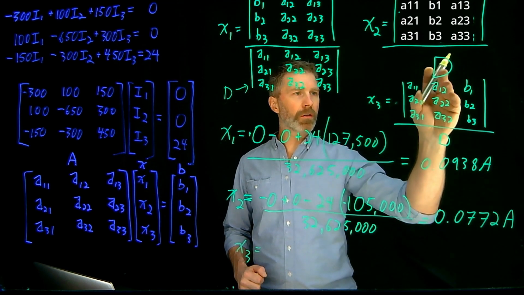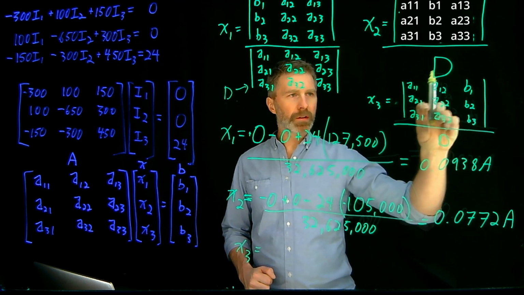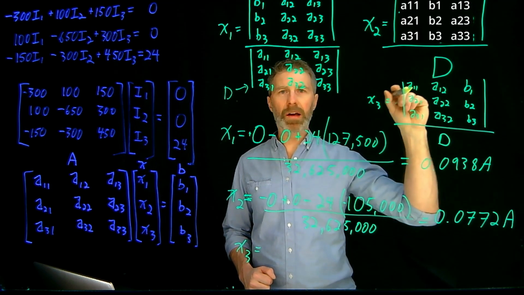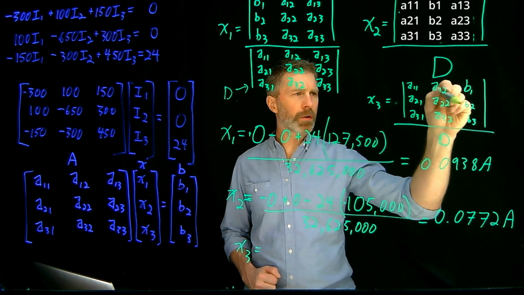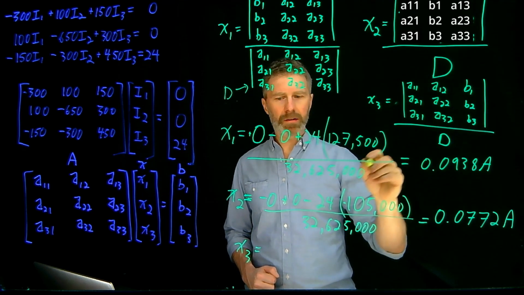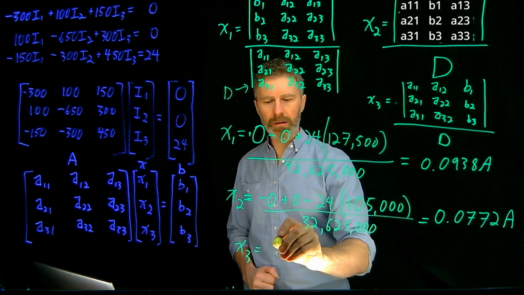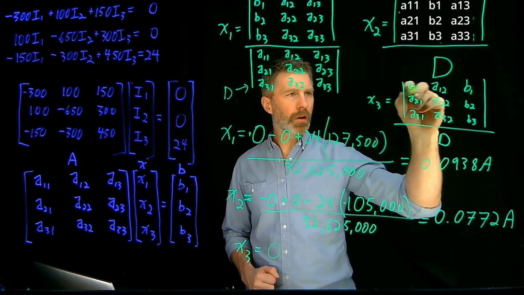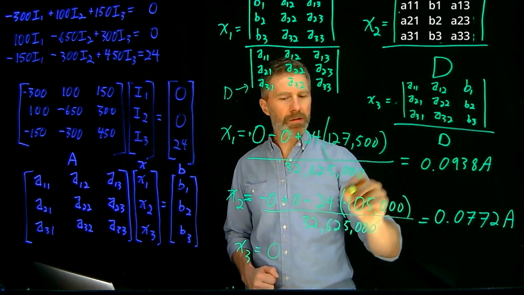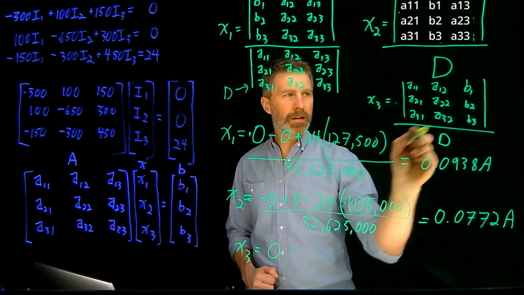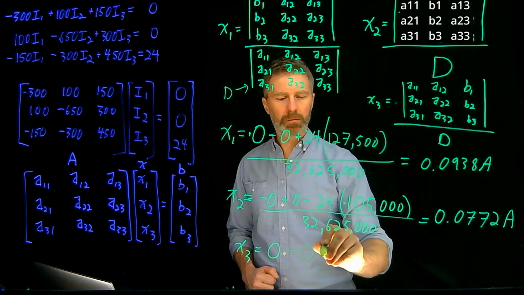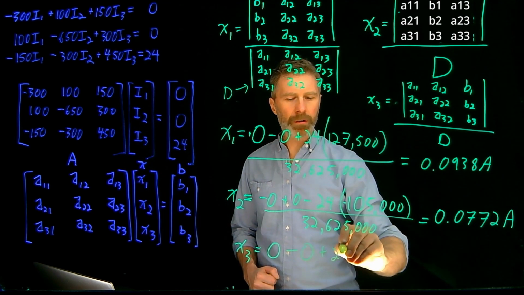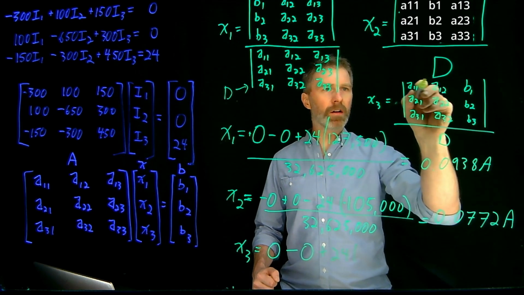And finally X3. Well, x3 over here, we're doing the determinant of this, and the values I'm going to pick are the b1, b2, b3 again. And so b1 is 0, and it's row 1, column 3, so it's positive, minus 0, plus 24 times the determinant of this part.